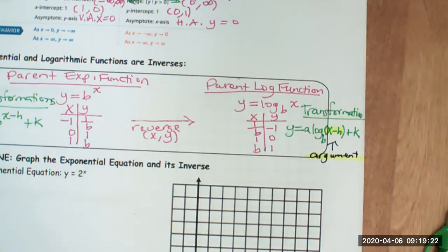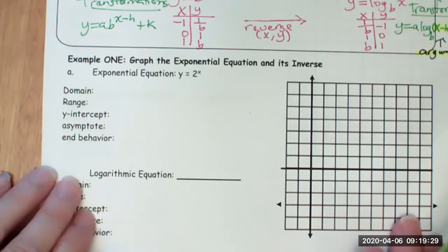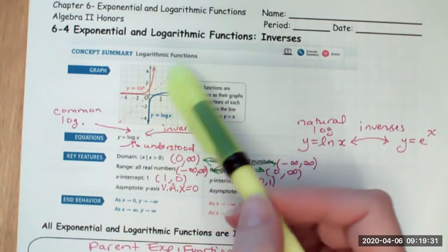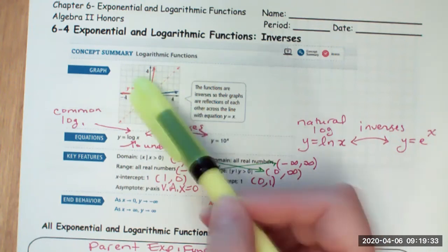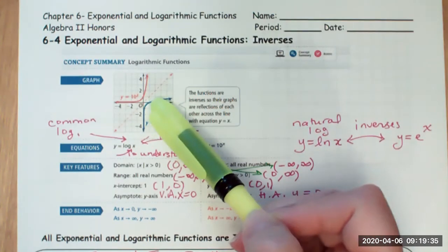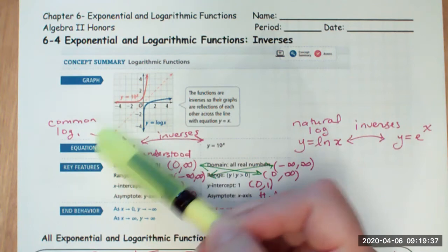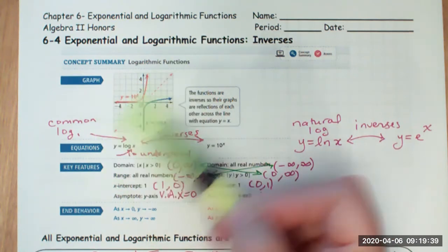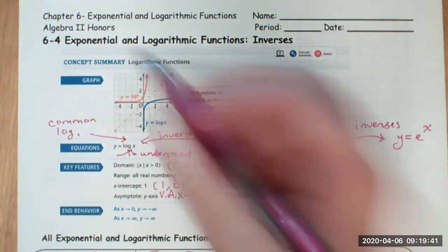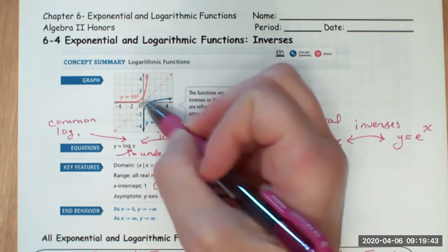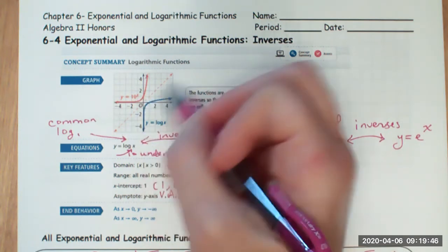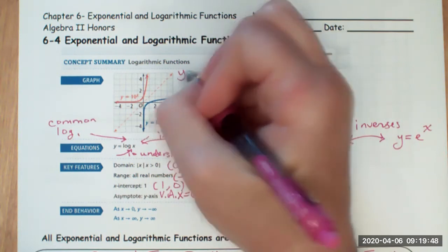So we're going to start graphing the exponential equation and its inverse. And we had an example up here, of course, with a common logarithm. And one thing you'll notice up here with the common logarithm is, just as is true of any other inverse function, you're always going to be looking at the graphs reflecting over the line y equals x.